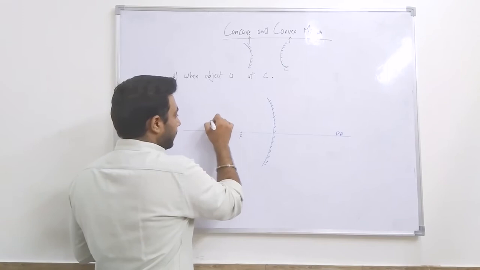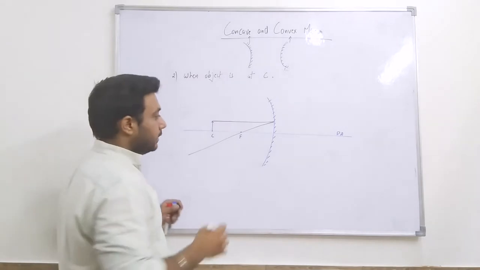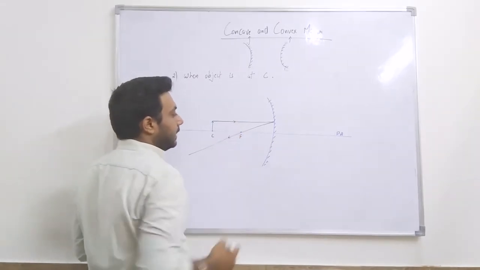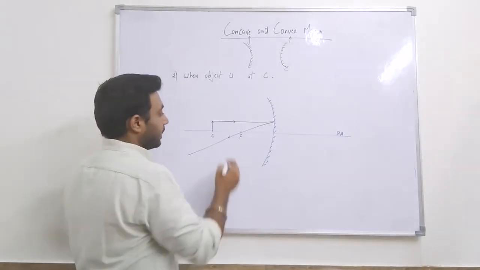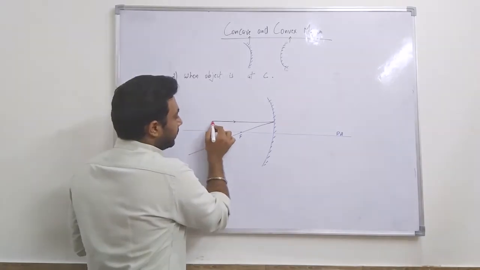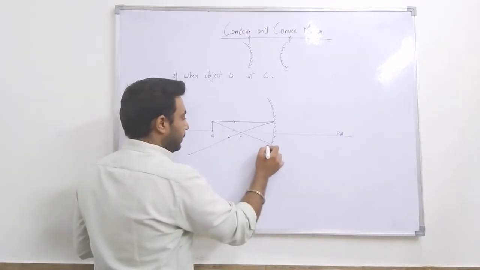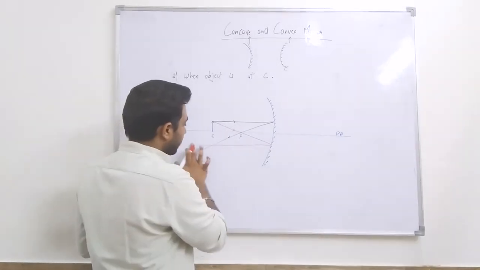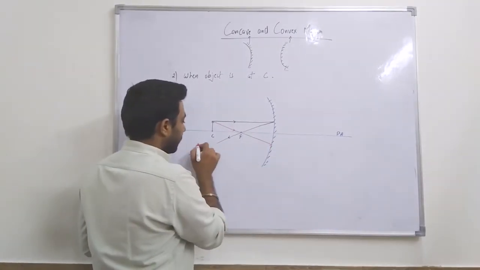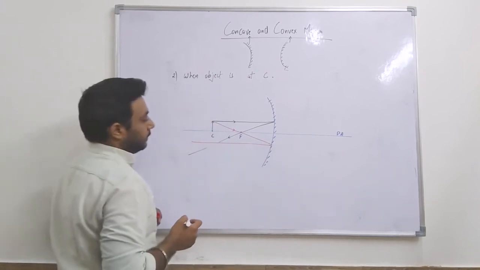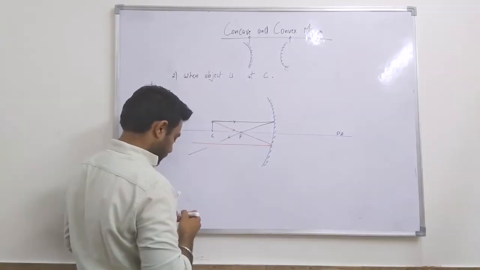We know that the ray coming parallel to the principal axis will pass through focus, and another ray which is passing through focus will become parallel to the principal axis.